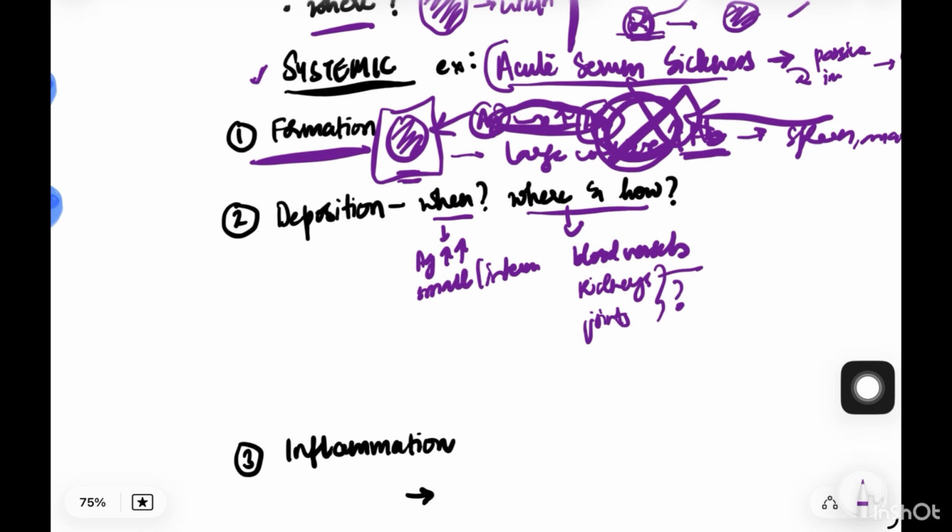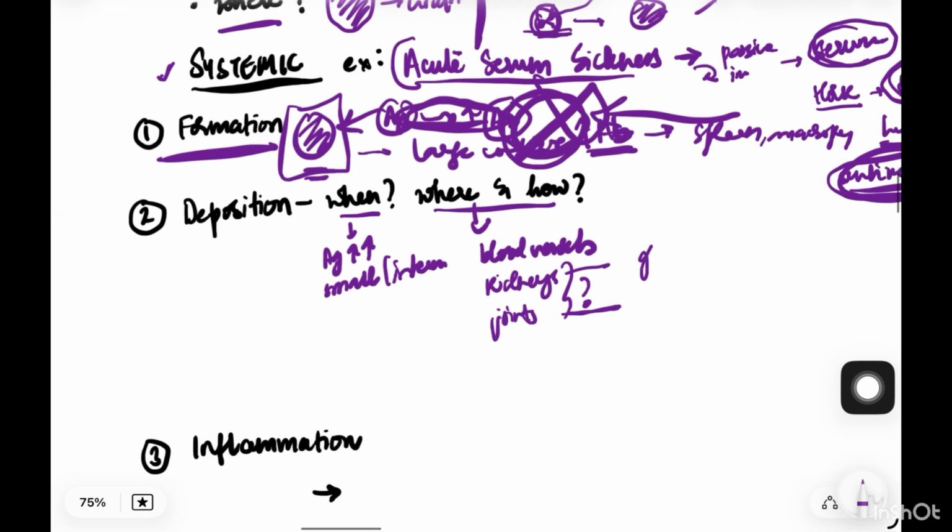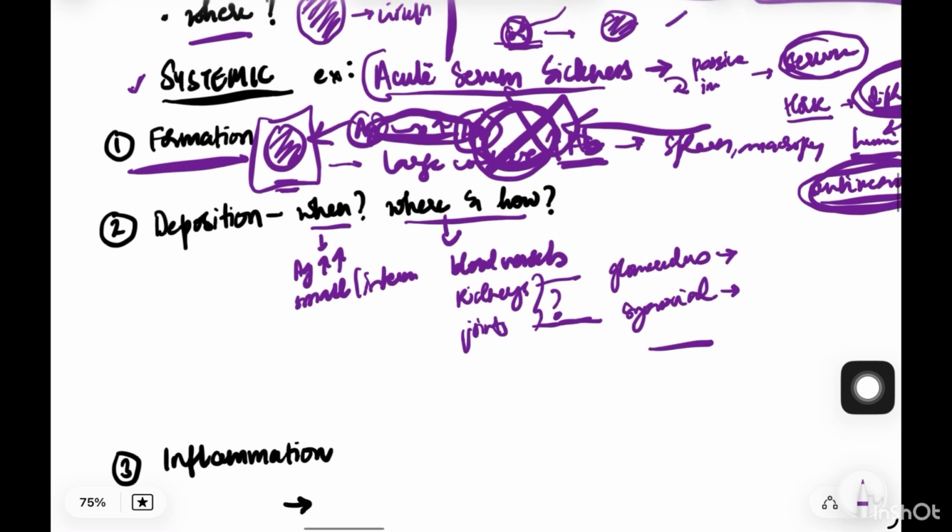So, both of these are environments with high hemodynamic pressures. In the kidneys, you have your glomerulus, which is filtering out and making urine. In your joints, you have the synovium, which is filtering your blood and creating the synovial fluid. So when you have such high pressures and your blood is going in, there's a lot of small vessels in these environments, and these immune complexes can easily get stuck and entrapped there.